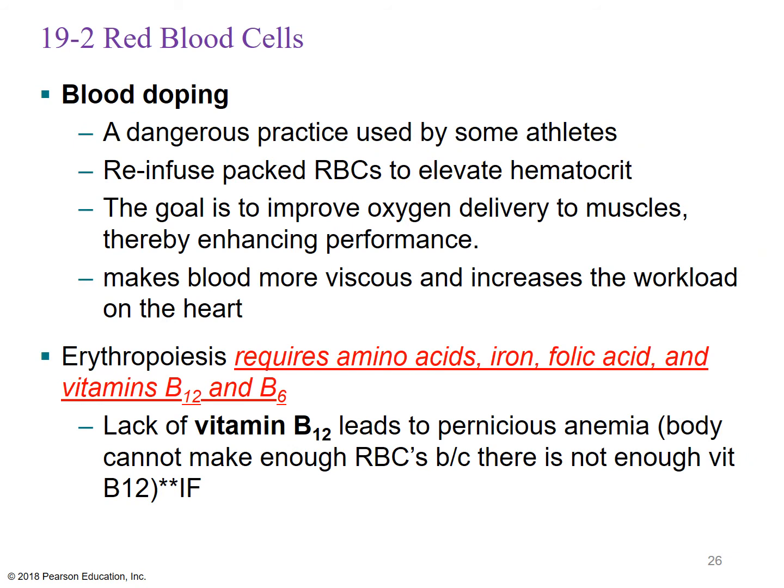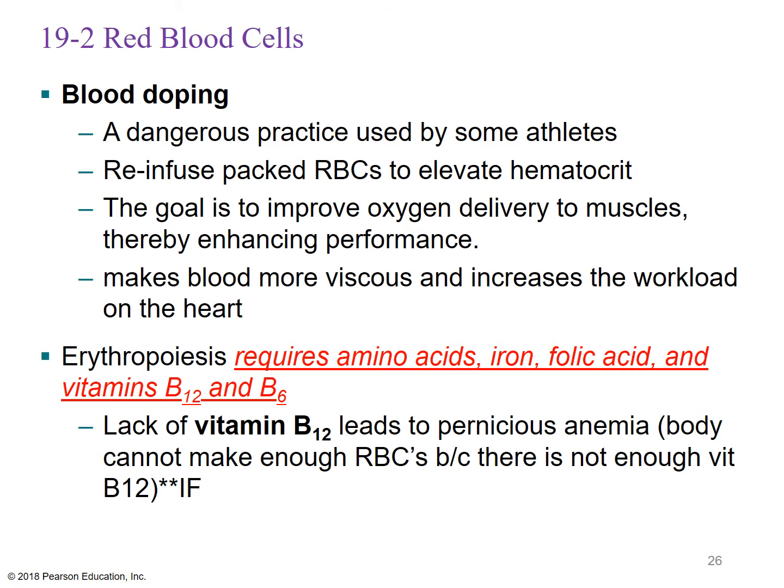Blood doping is a process that is used by some athletes. They will re-infuse packed red blood cells in order to elevate their hematocrit levels. By doing this, they get more oxygen delivery to the muscles, and of course, if you have more oxygen, that means you can go longer, harder, and faster. So they have a competitive advantage in their performance because they have more oxygen delivery to the muscles they need to use.